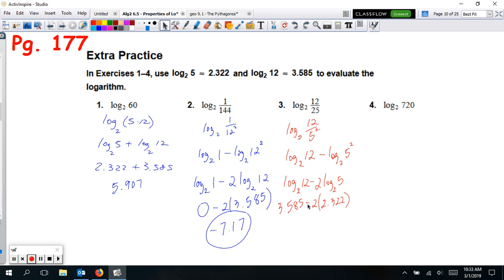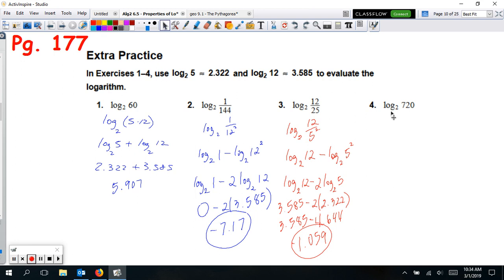So we want to multiply inside here first, 2 times that. So our first number is going to stay the same, 3.585. Now it's minus 4.644 when we multiply by 2. And then when we subtract that, we're going to get a negative number, negative 1.059. So all that's just going to be done on the calculator with the decimals if you want to.